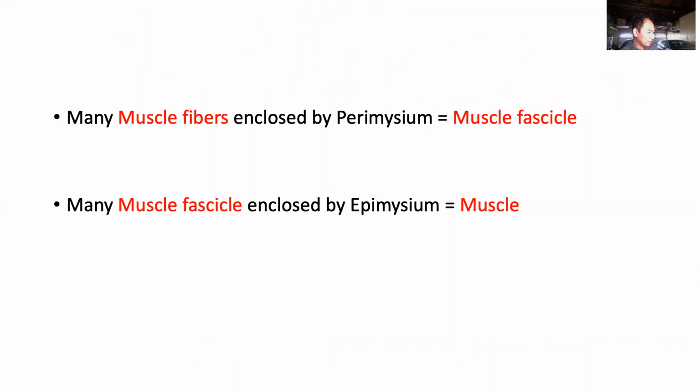So we will move on. These muscle fibers group together, wrapped around and enclosed with the perimysium, and it will become a muscle fascicle. In a similar fashion, muscle fascicles are grouped together and wrapped with the epimysium, and that will become the muscle, which is an organ, something we can feel with our hands.